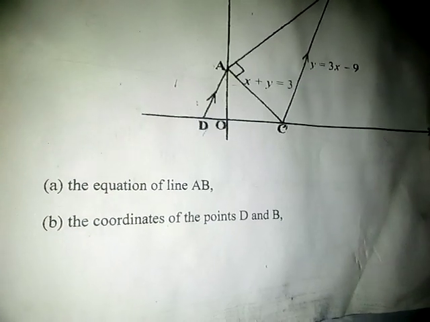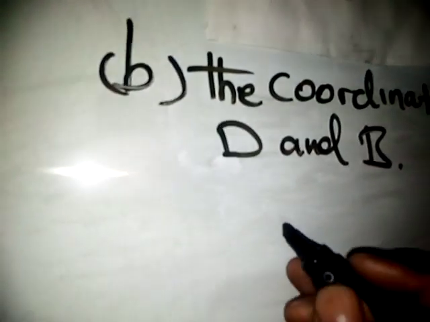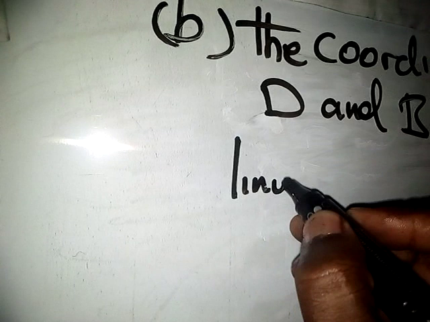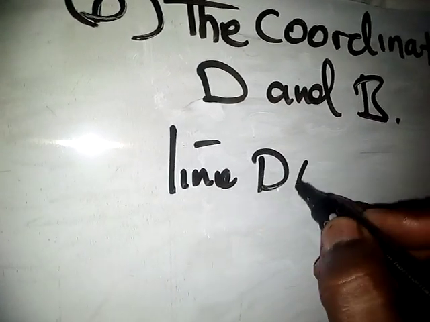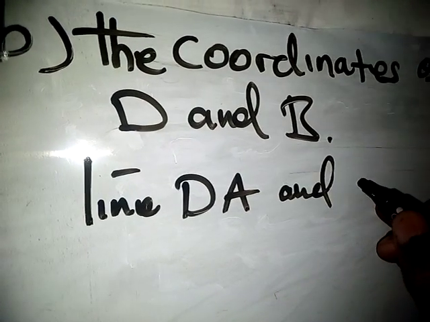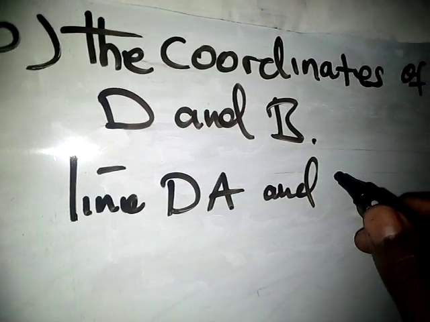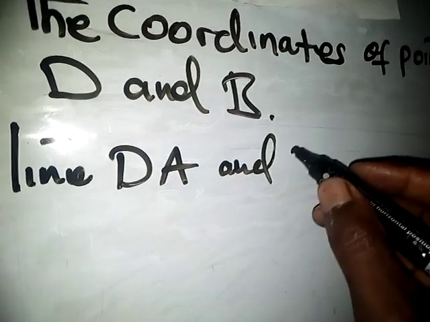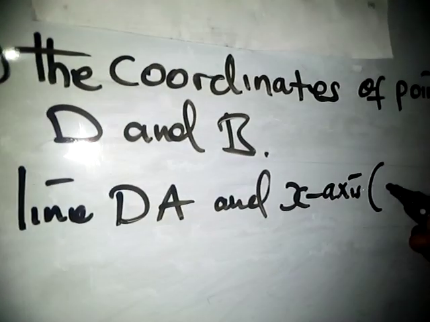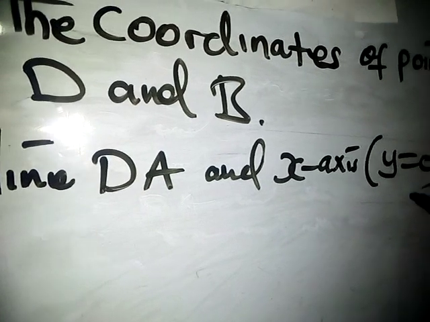So first of all, write the two lines that are sharing the point D. We have line DA and the x-axis. The x-axis is also referred to as the y equals 0 line.